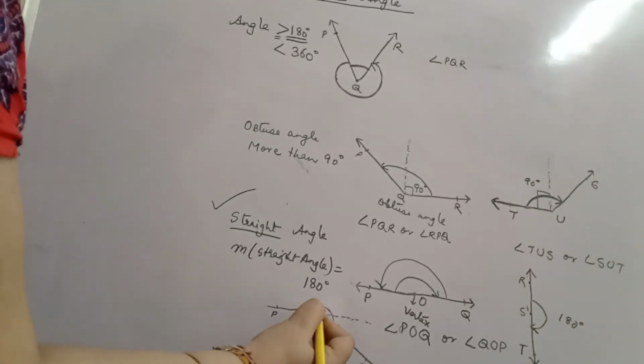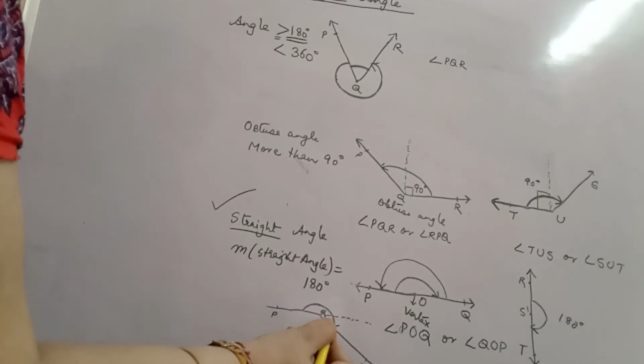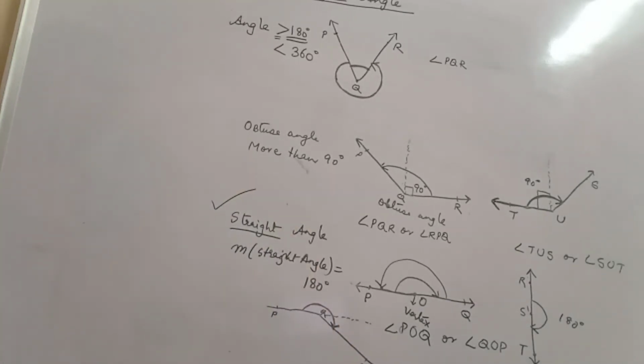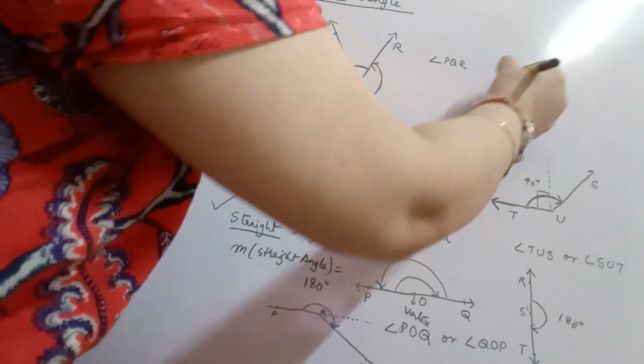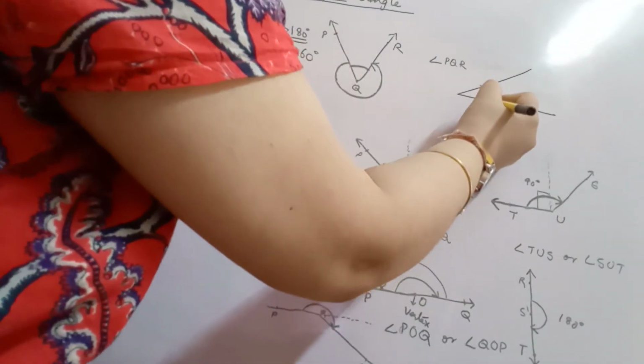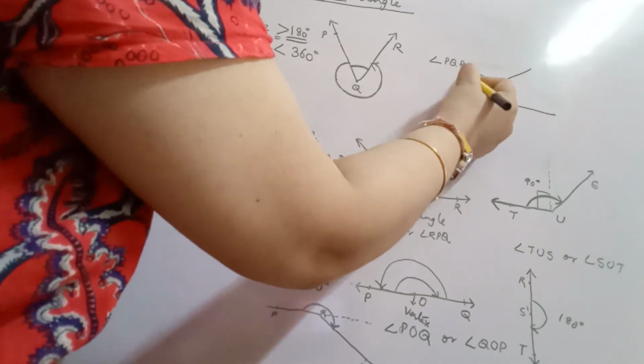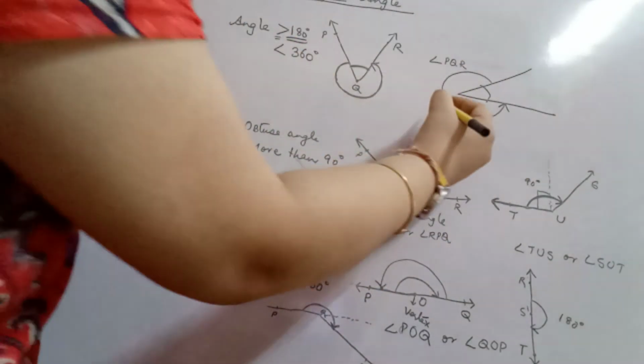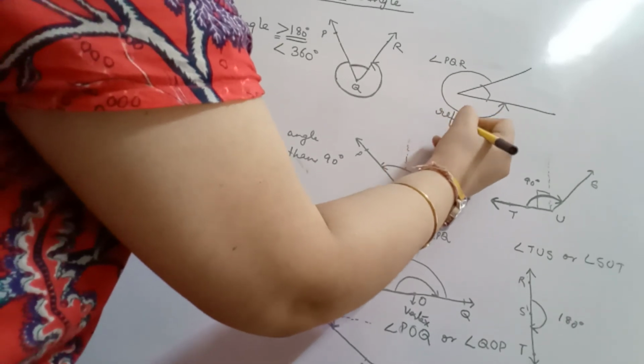So this angle is now greater than 180 but less than 360. So any angle forming, if on the other side you mark the angle, this would be the reflex.